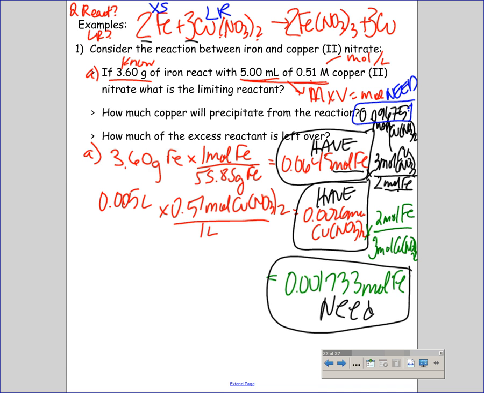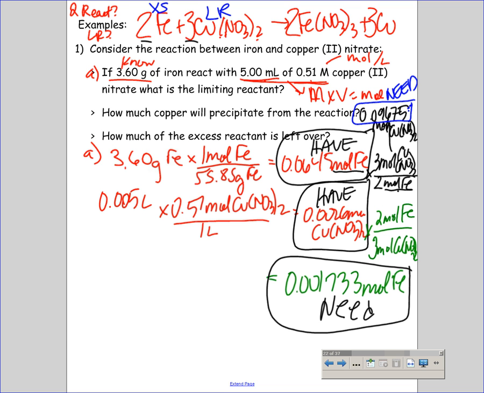Okay, so if I need 0.0017 iron, how much do I have of iron? Plenty. I've got 0.06, right? I only need 0.001. I'm good. I've got plenty of iron, so I've got excess of iron.